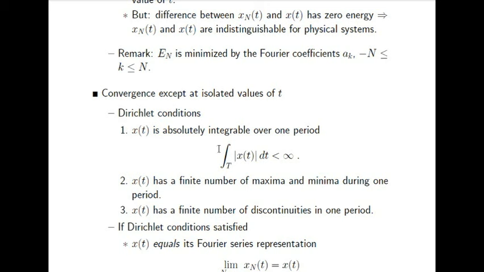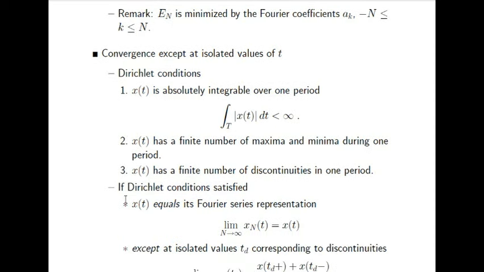The signal x(t) should have a finite number of maxima and minima in a particular time period, and it should have a finite number of discontinuities in one time period. If the Dirichlet conditions are satisfied, then x(t) equals the Fourier series representation, so x_N(t), as N tends to infinity, will be x(t).